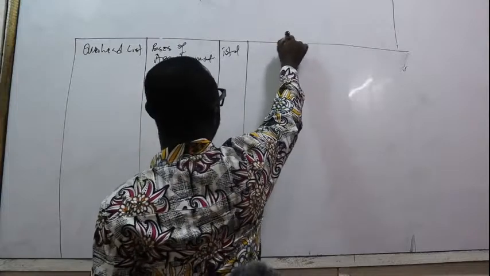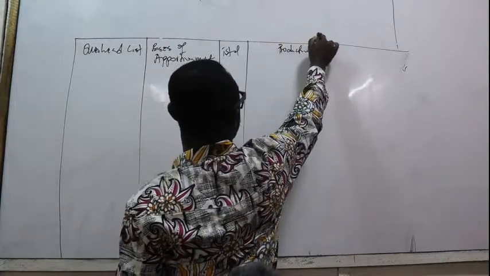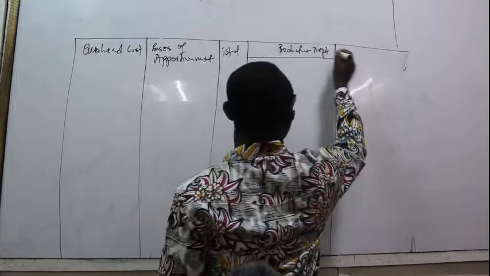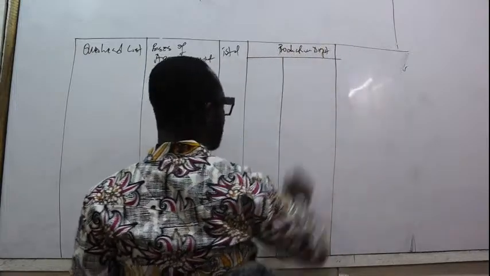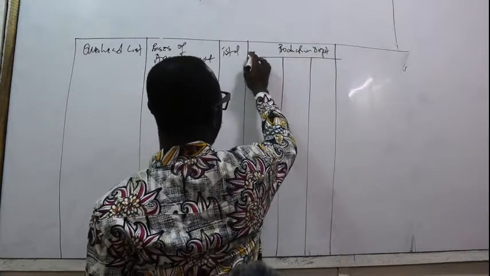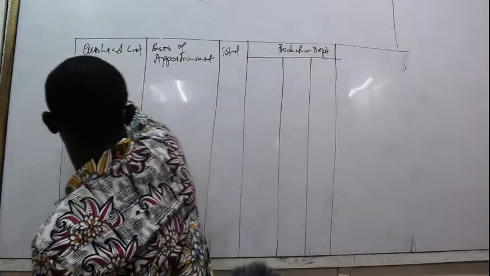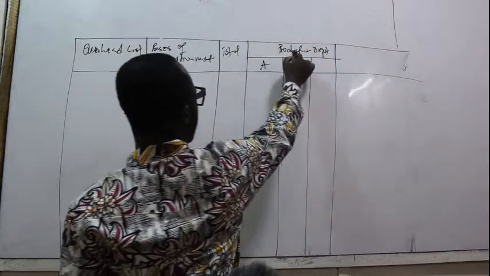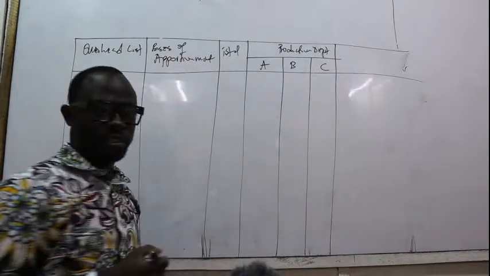Then we might have production departments. Let's say we have maybe 3 production departments, and that's going to be A, B, and then C, all right?